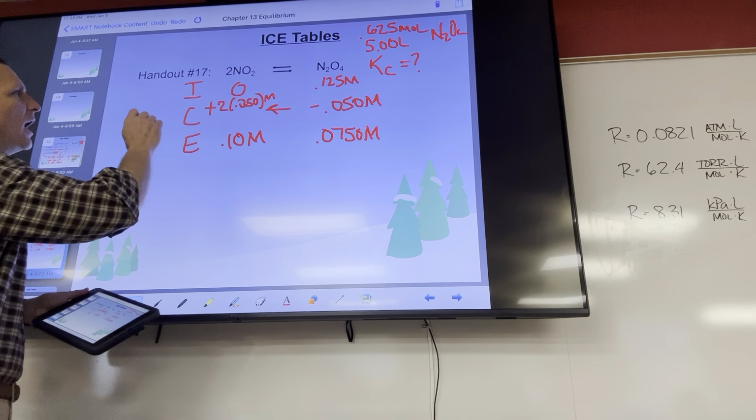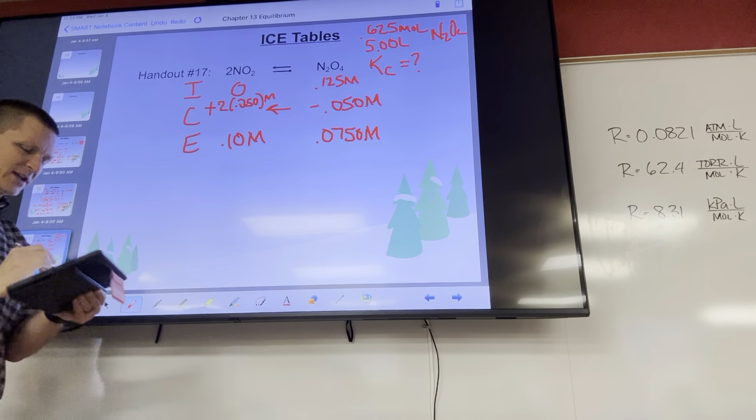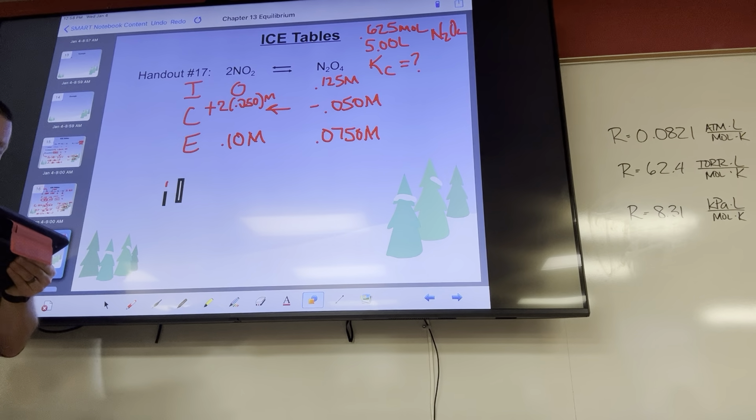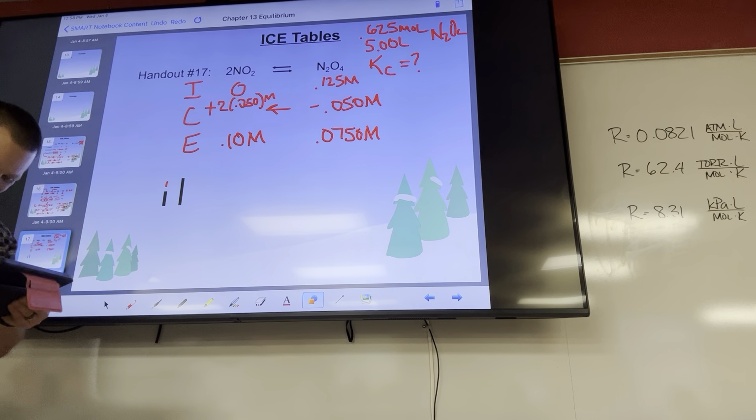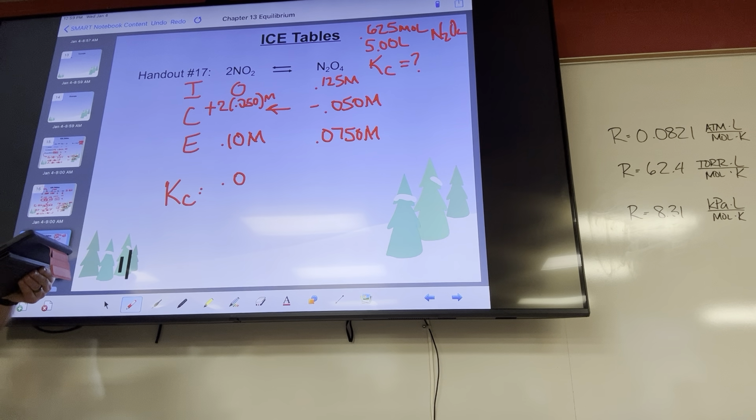So we have our initial, our equilibrium concentrations, and therefore the Kc is products, 0.0750 over reactants, 0.10 squared.